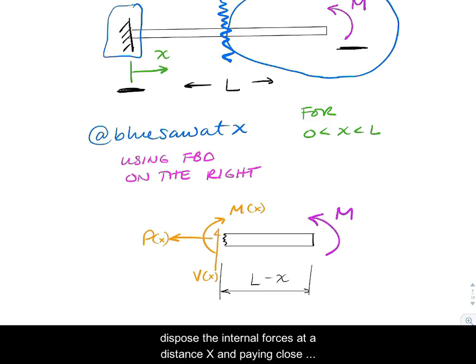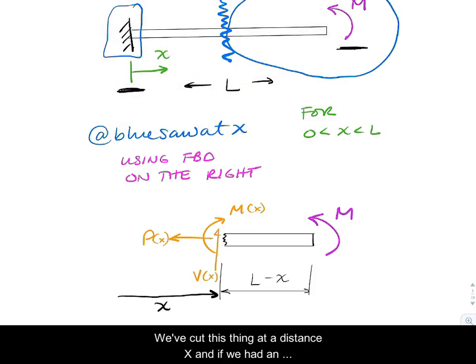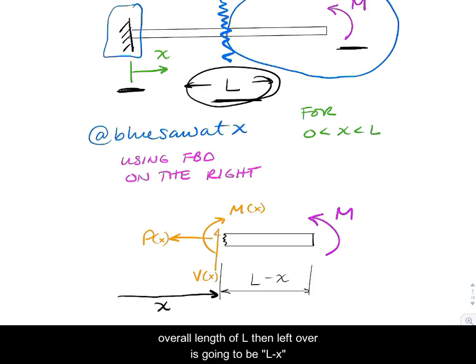Paying close attention here, this is probably the most important piece: we've cut this thing at a distance x, and if we had an overall length of L, then left over is going to be L minus x. As long as we can dimension the other side of the free body diagram, we're going to be able to use it.